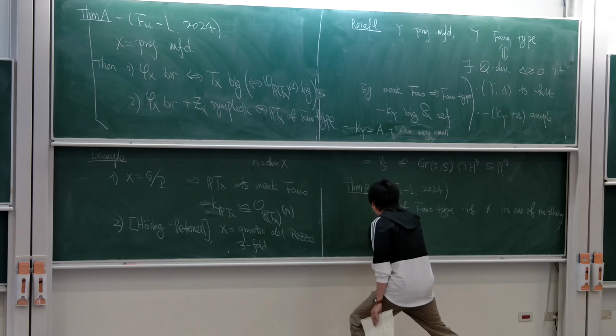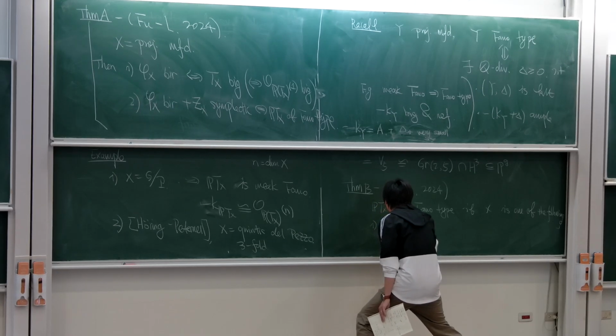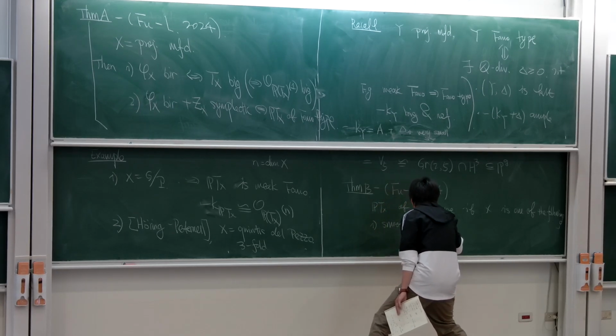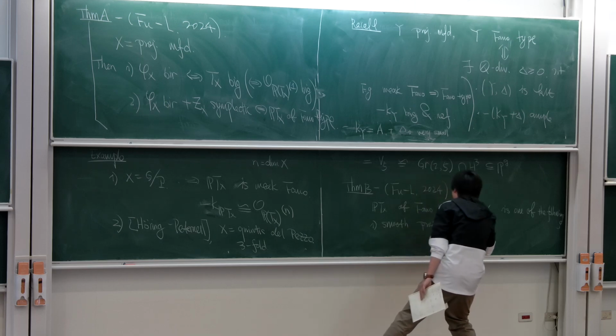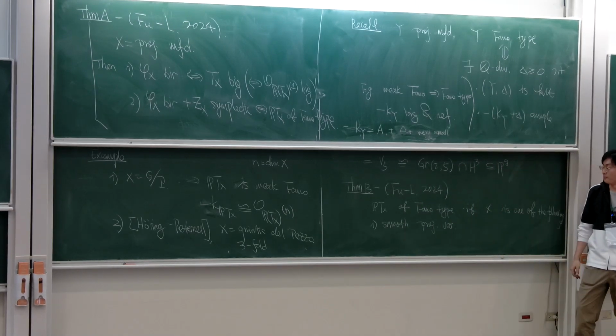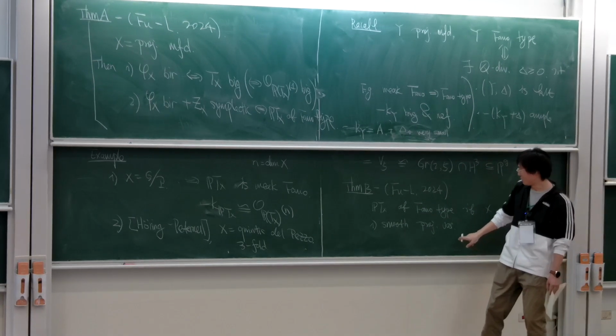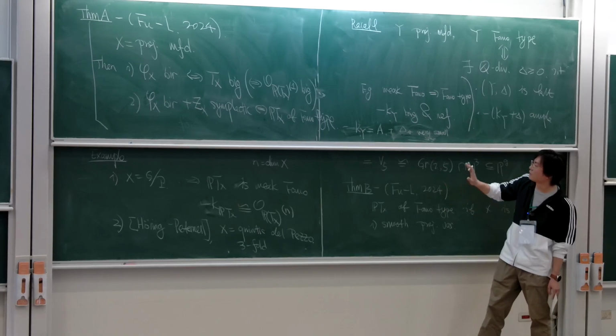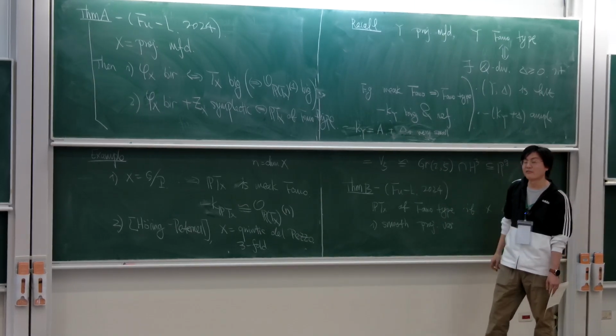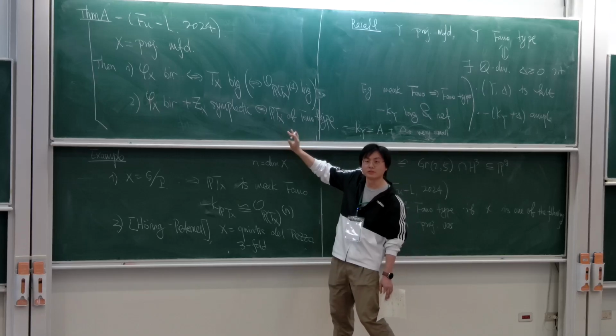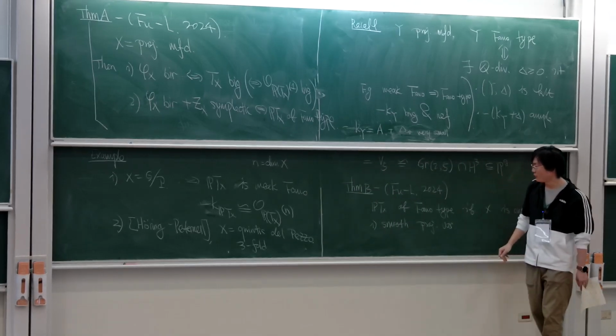First of all, this is for any smooth projective toric variety. So this P(T_X) is of Fano type. Yeah, in fact, it's known that all the toric varieties are of Fano type. But for the projectivization of the tangent bundle, I think this is non-trivial.